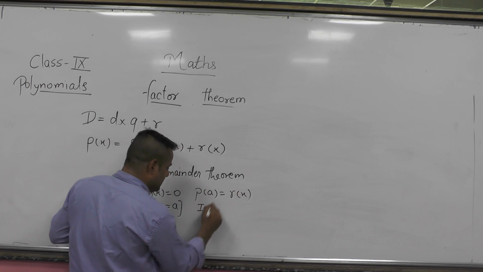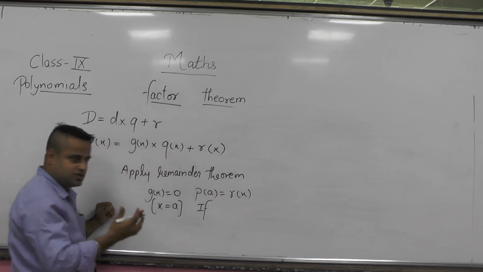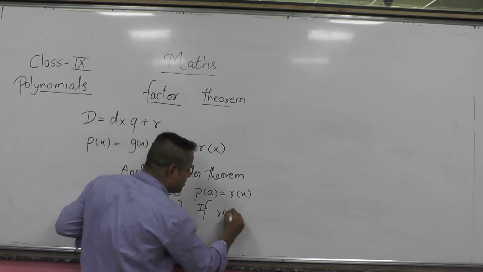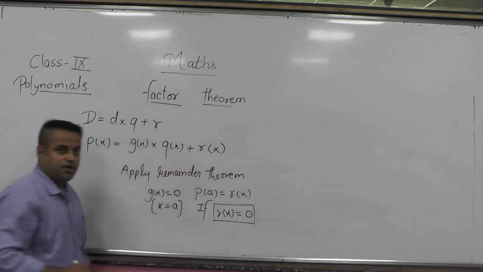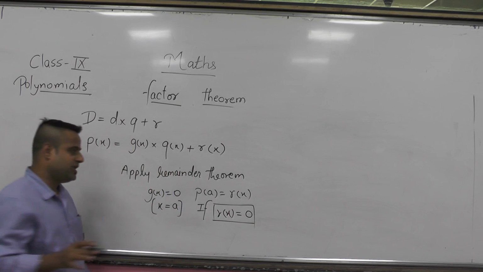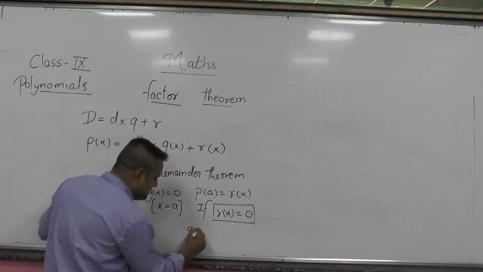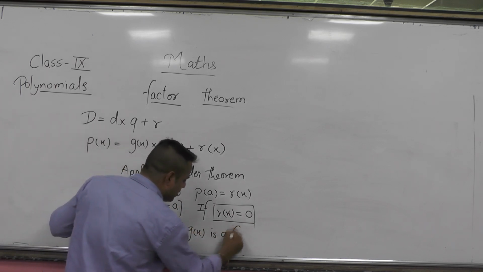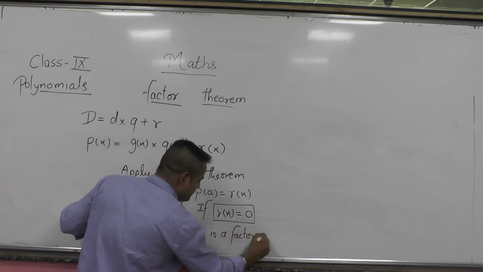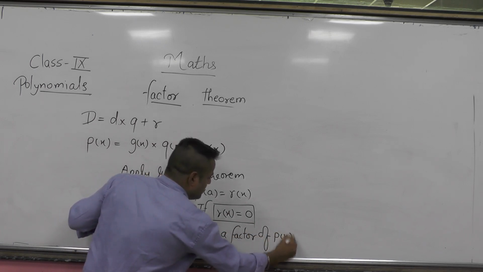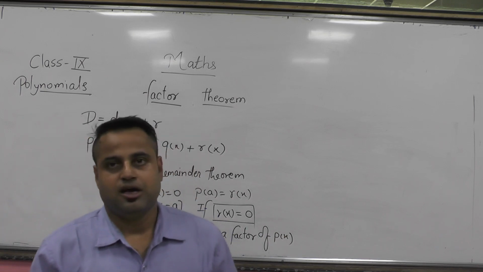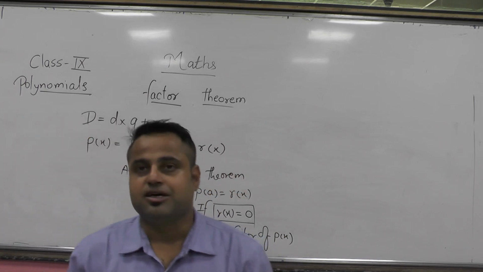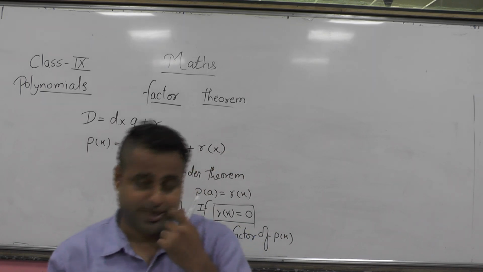Now, if the remainder r(x) comes 0, this is very important, that means that g(x) is a factor of p(x). If the remainder comes 0, then only the given divisor is a factor of the dividend.